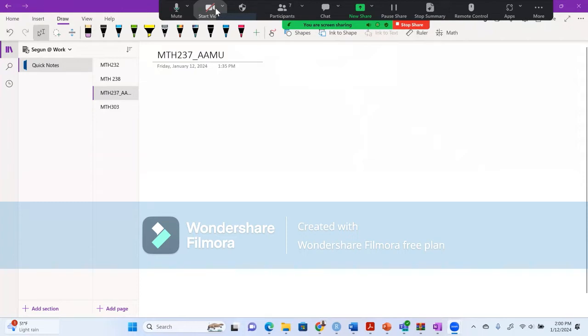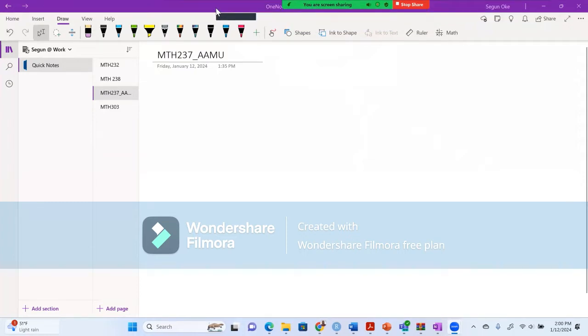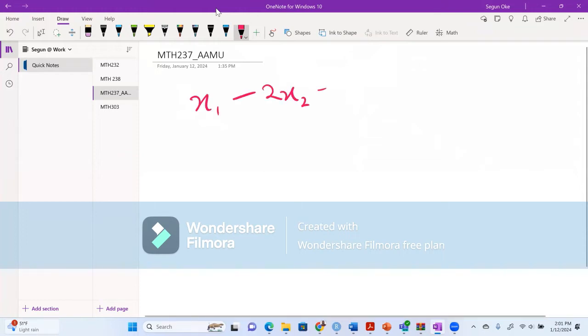So the last class, let's just write this question down. The question says: x1 minus 2x2 plus x3 equals 0.